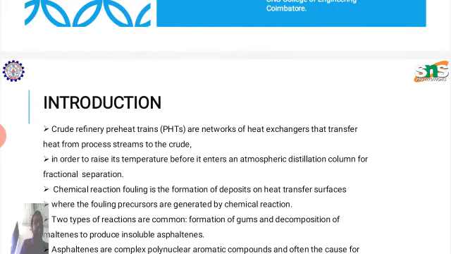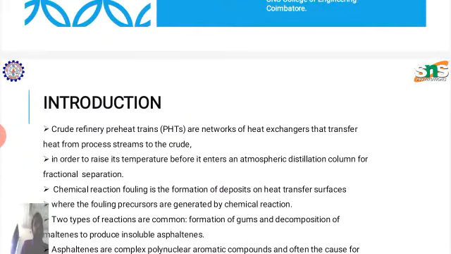Other reactions, such as those catalyzed by FeS, ferrous sulfide, and other corrosion products, could also be present. Water carryover from the desalter can result in rapid fouling of exchangers operating at the temperature at which the water evaporates. These exchangers are easily identified.